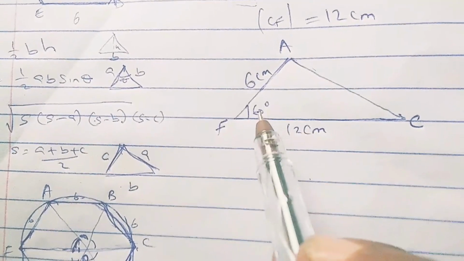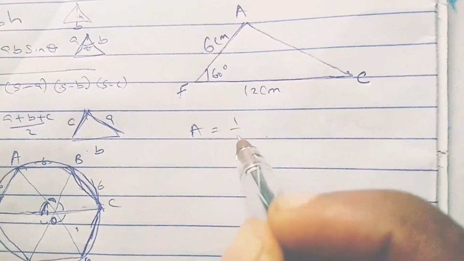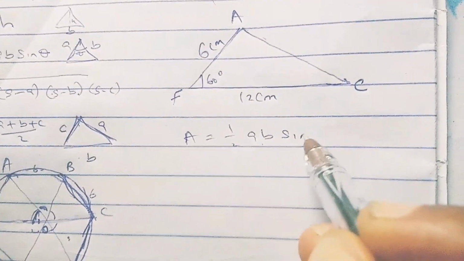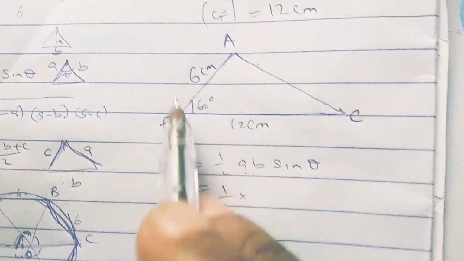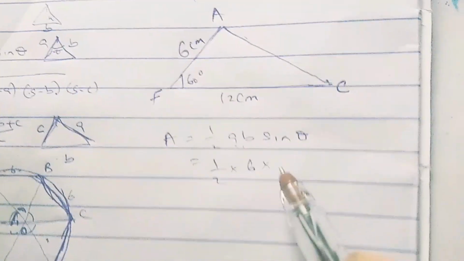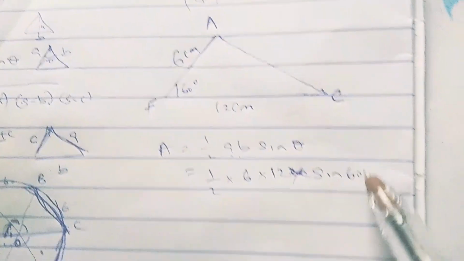Now to look for the area of the shaded portion, making use of the second formula, the area is equal to half AB sine theta. So that is going to give us half times what is our A? Any of the two sides. So 6 centimeters times 12 centimeters times sine 60 degrees.